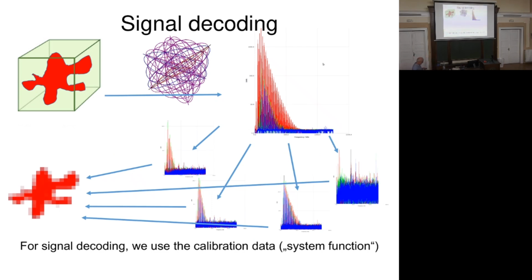Signal decoding, another big issue in MPI. We already spoke about this. We measure the signal from the whole volume, and now we need the calibration data, and in fact split our signal into the matrix of the calibration data, the system matrix, to find out which components are present here.